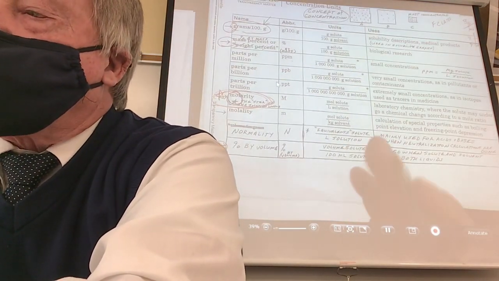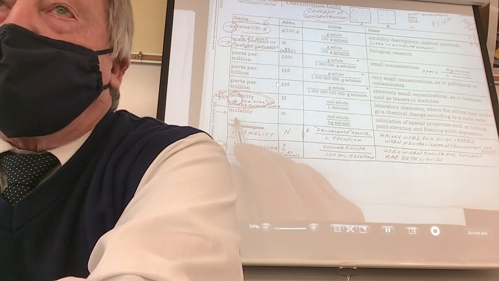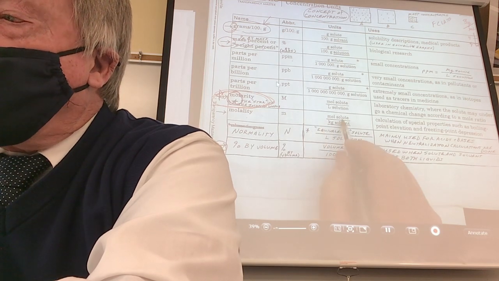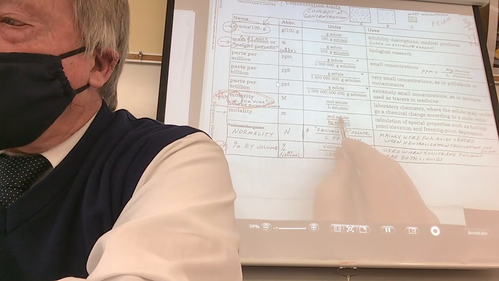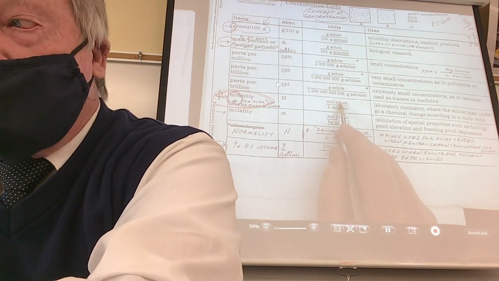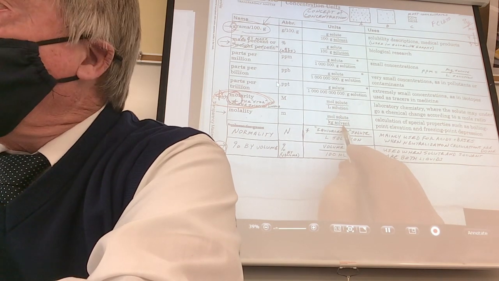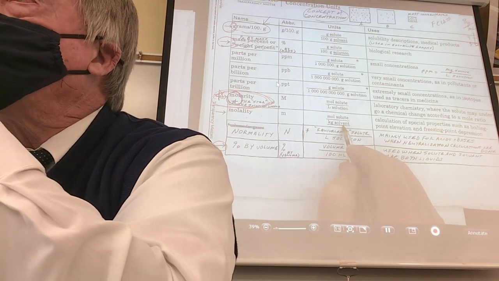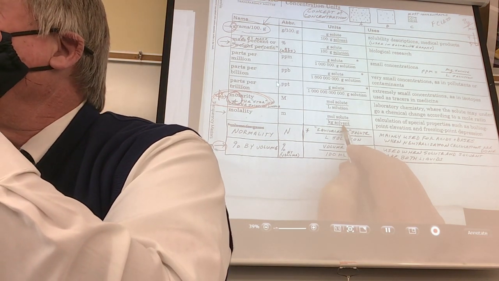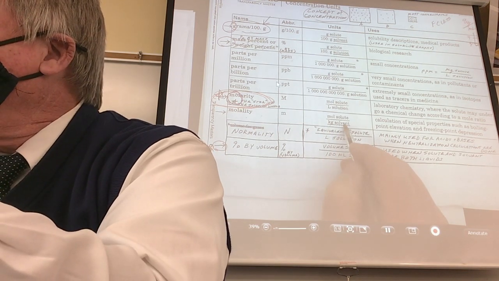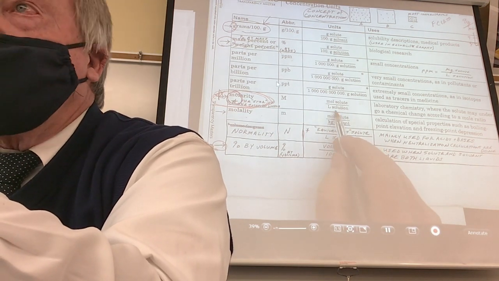I don't know the whole story here, but this is a thing called molality. Not molarity, but molality. And look at the definition difference. Moles of solute, moles of solute, per kilogram of solvent. Do you know a kilogram of water is a liter of water? But see here, I don't know how much water there is.